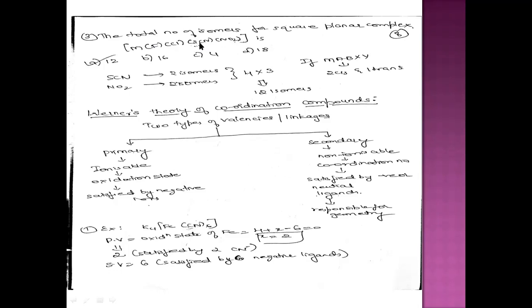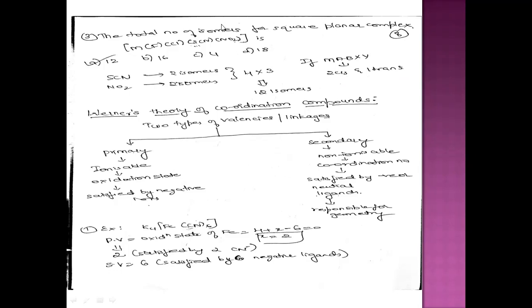But fluorine and chlorine are from the same family of ligands. So if there are 2 same-family ligands and all 4 ligands are different, how many cis and how many trans isomers? 2 cis and 1 trans isomer, so 3 isomers in total.